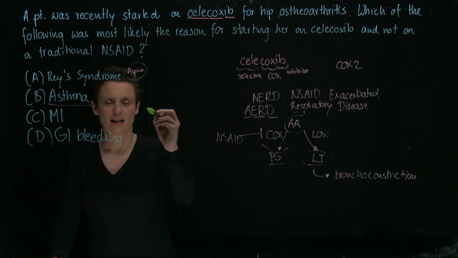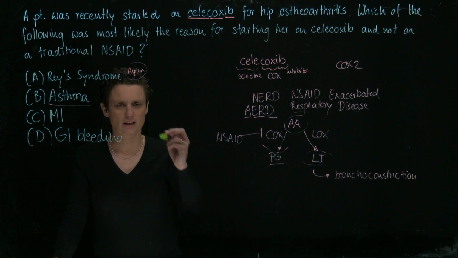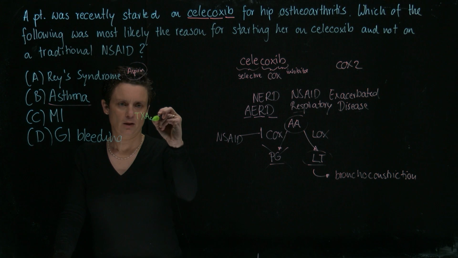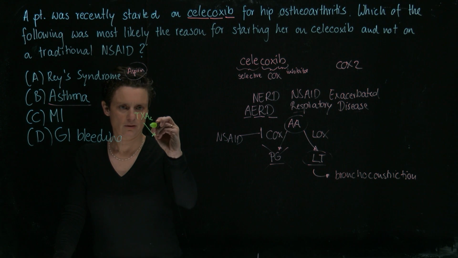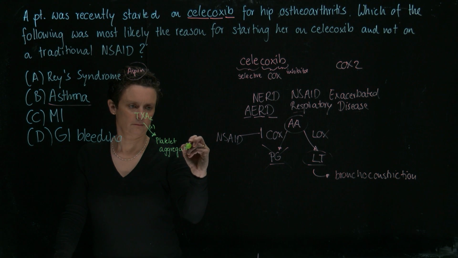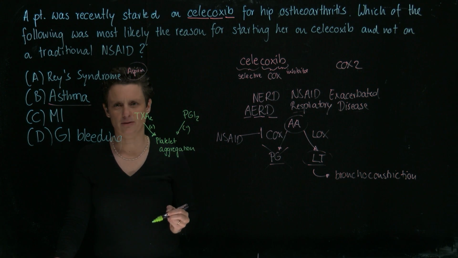And why is that? Because there's such a yin and yang between two of these prostanoids, and one is thromboxane, which promotes platelet aggregation, and there's prostacyclin that inhibits platelet aggregation.